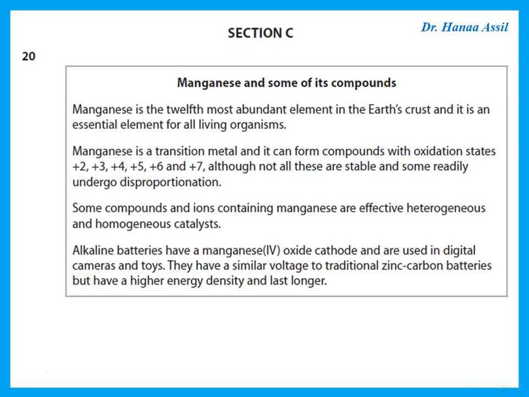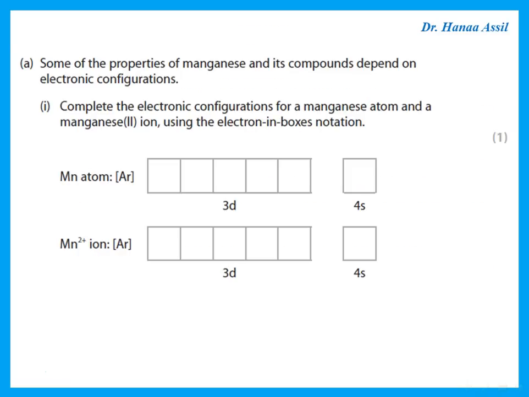Some compounds and ions containing manganese are effective heterogeneous and homogeneous catalysts. Alkaline batteries have manganese(IV) oxide cathode and are used in digital cameras and toys. They have a similar voltage to the traditional zinc-carbon batteries, but have a higher energy density and last longer.